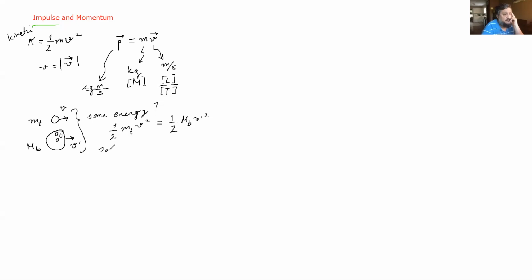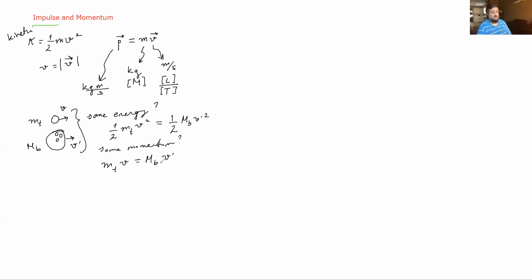How about same momentum? Then you will compare the two momenta using the definition of momentum over there, like this, all right?